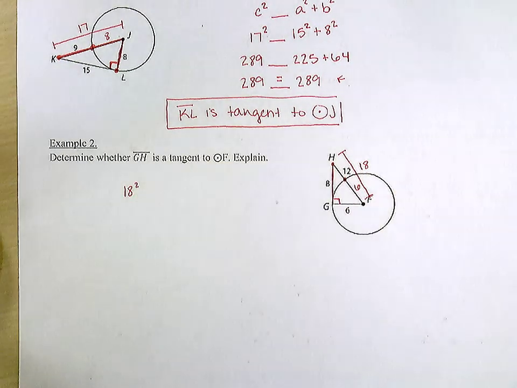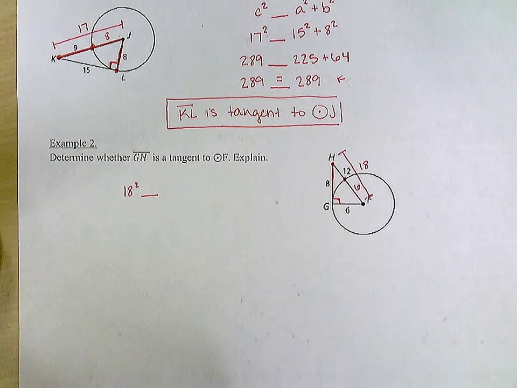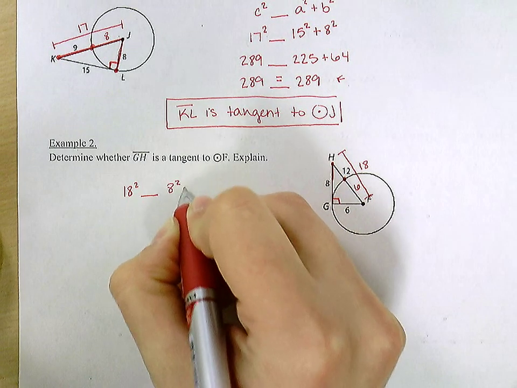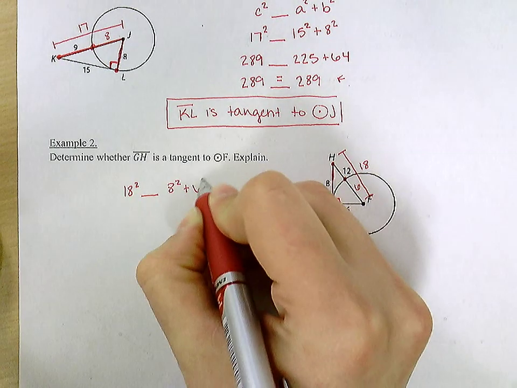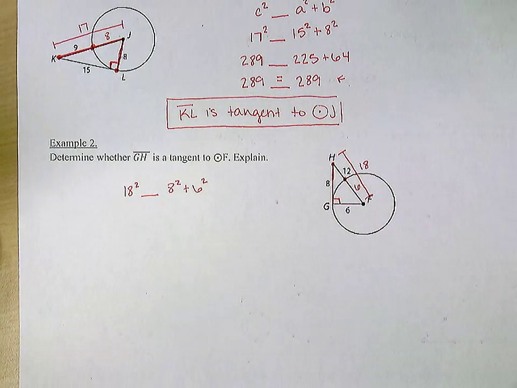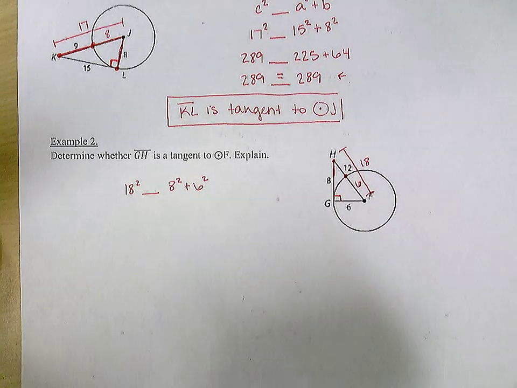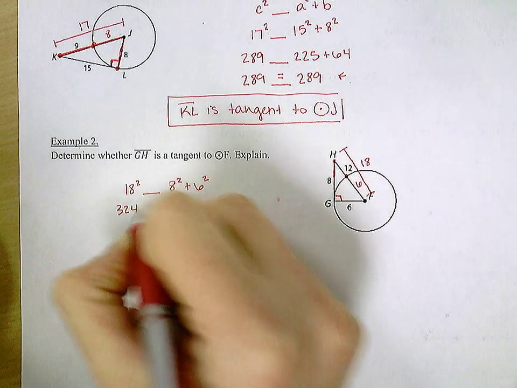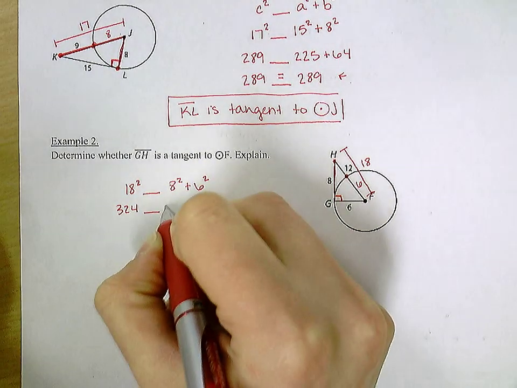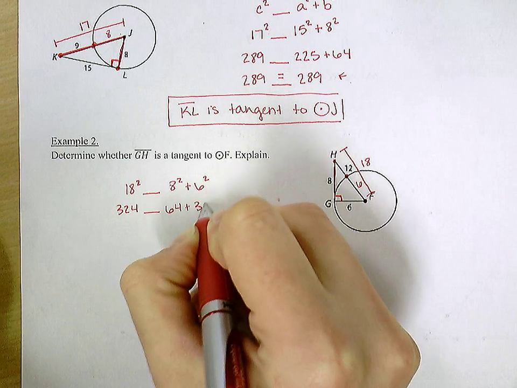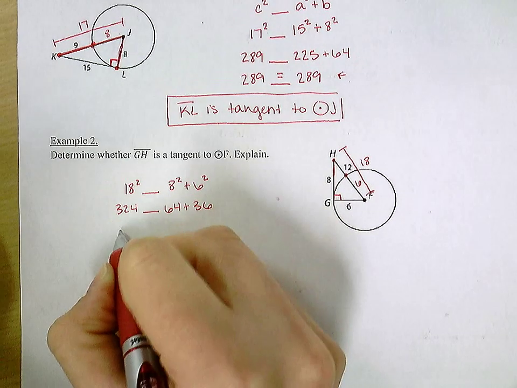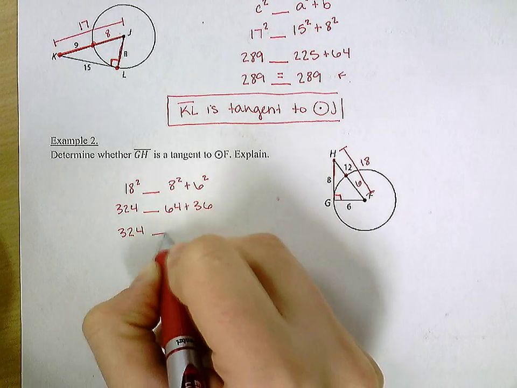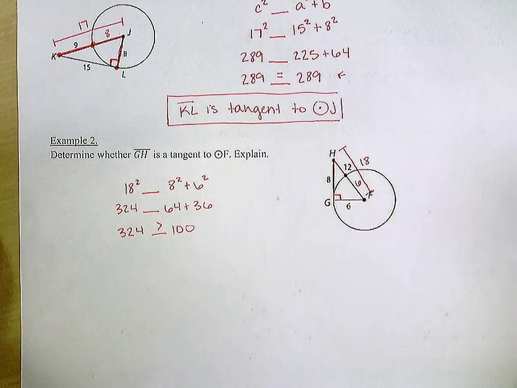So I can take 18 squared, compare it to 8 squared plus 6 squared. 18 squared is 324, compared to 64 plus 36. So we have 324 compared to 100.